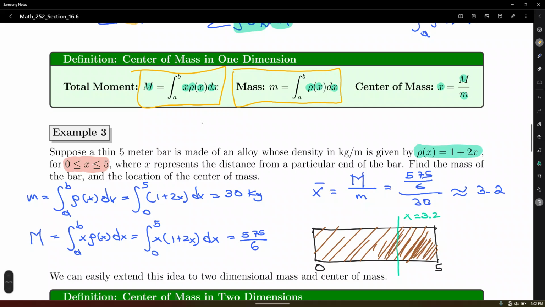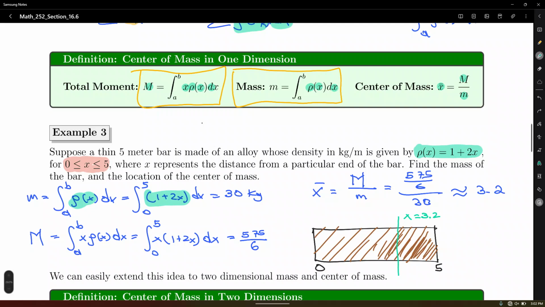Let's find the mass by integrating the density function, rho of x, which is 1 plus 2x. Integrating 1 plus 2x, a basic polynomial, between 0 and 5 gives us 30. Because the units are kilograms per meter, it's 30 kilograms.